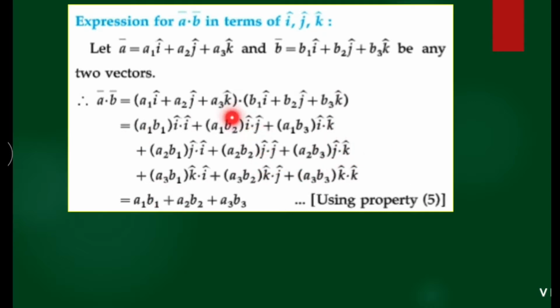So similarly we multiply a3 k, so a3 b1 k dot i, a3 b2 k dot j, a3 b3 k dot k.